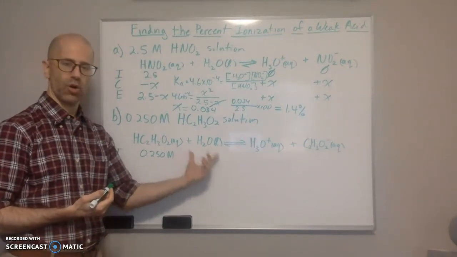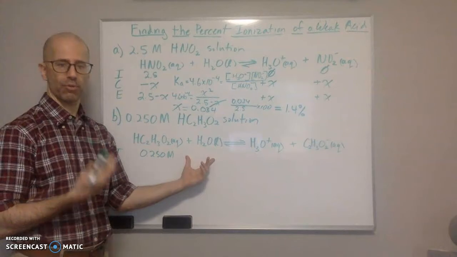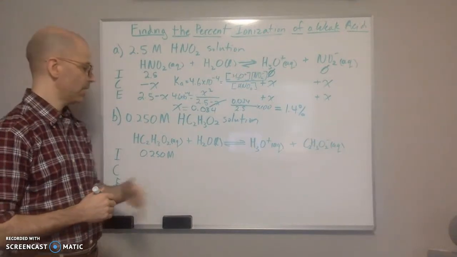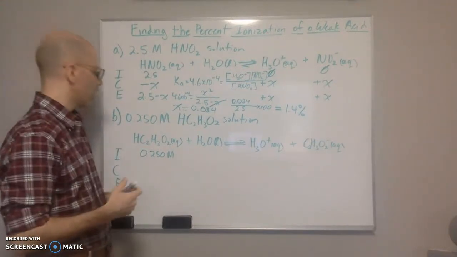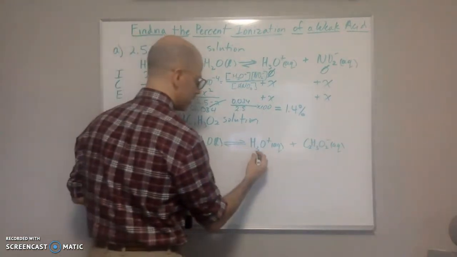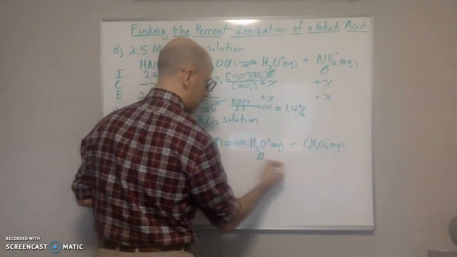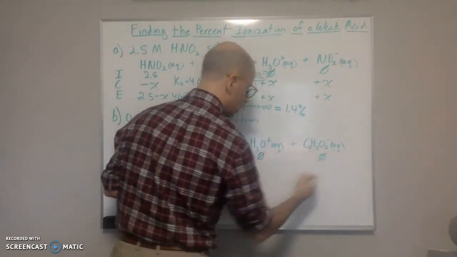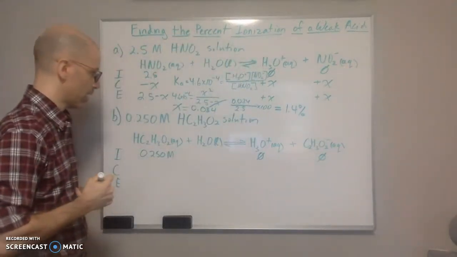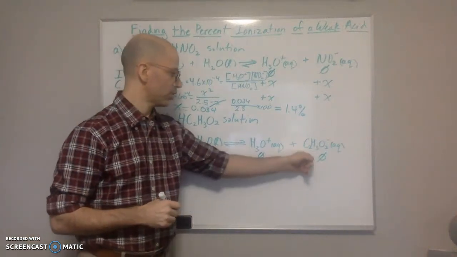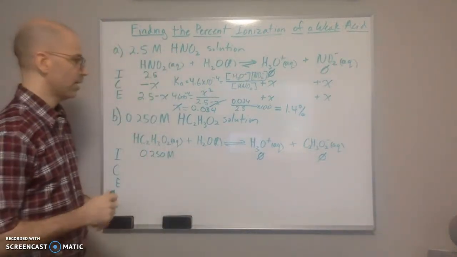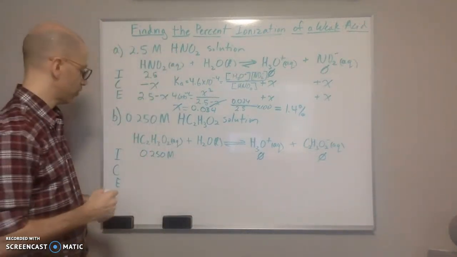So we're going to ignore water because there's so much of it, and of course, the concentration doesn't change as well. So originally, to start, we have practically zero amounts of those products. Our hydronium is going to be 0, and our anion is going to be 0.